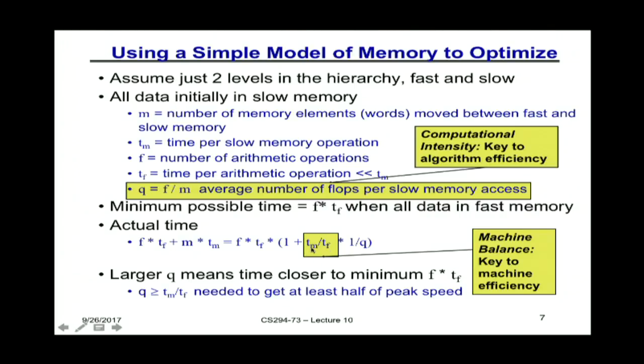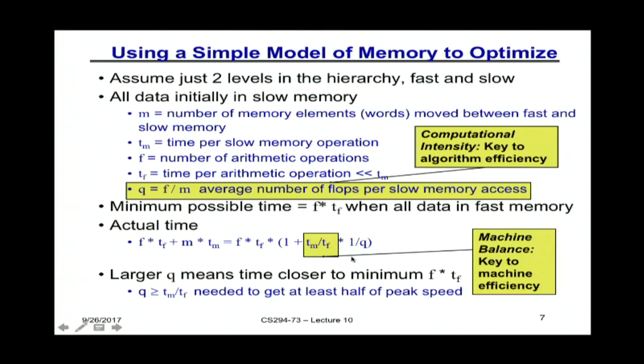You can see that the smaller this ratio is, the better, since it is divided by Q, so the whole quantity will be smaller. So a good machine will have T_m divided by T_f as small as possible. But in practice, this is usually a difference of several hundred times.